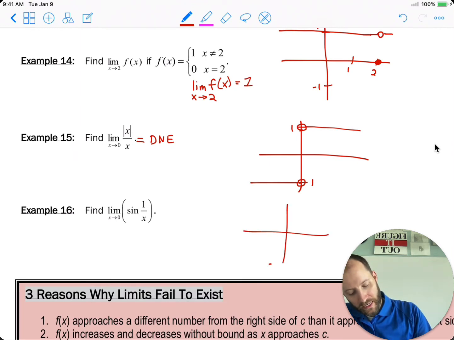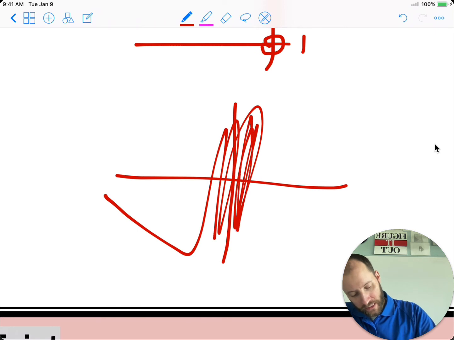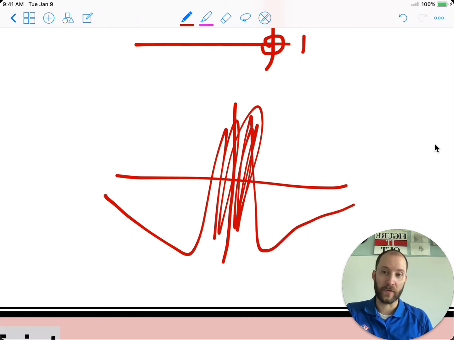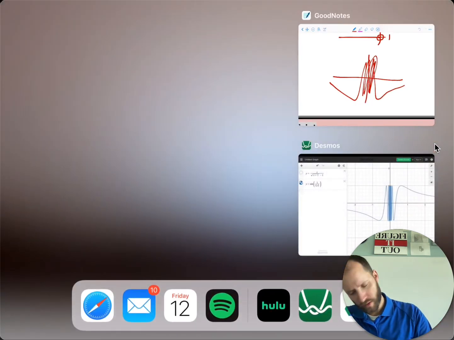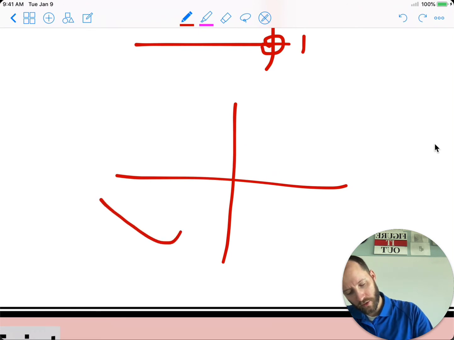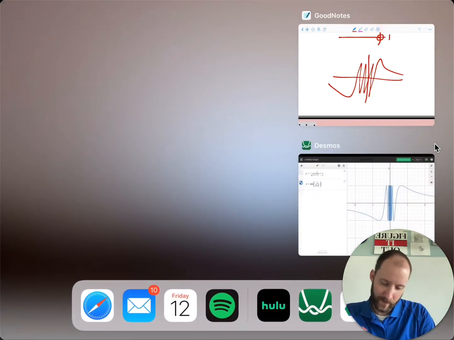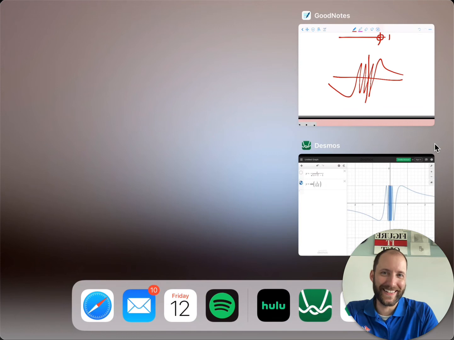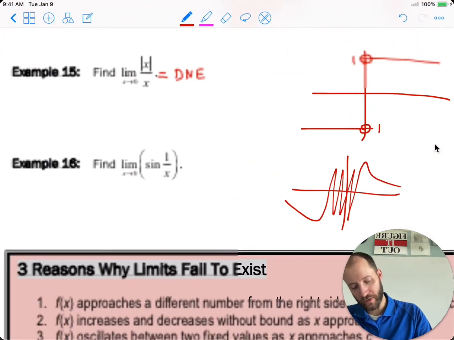So again, drawing a good enough graph, just kind of comes down and then does all kinds of craziness and comes out of it. Not great, but good enough. A good enough graph.